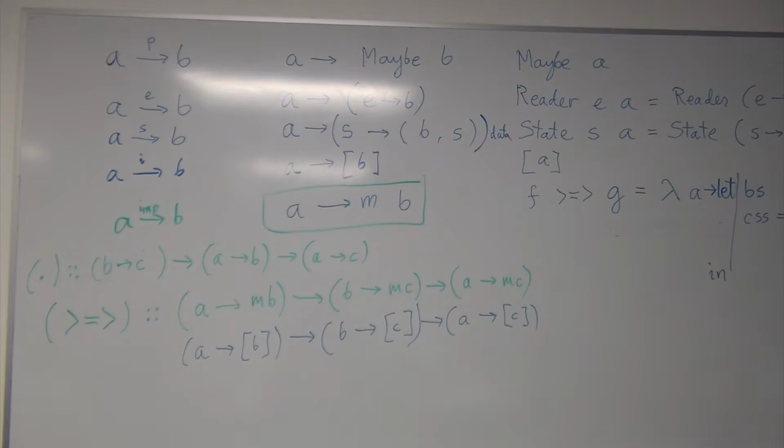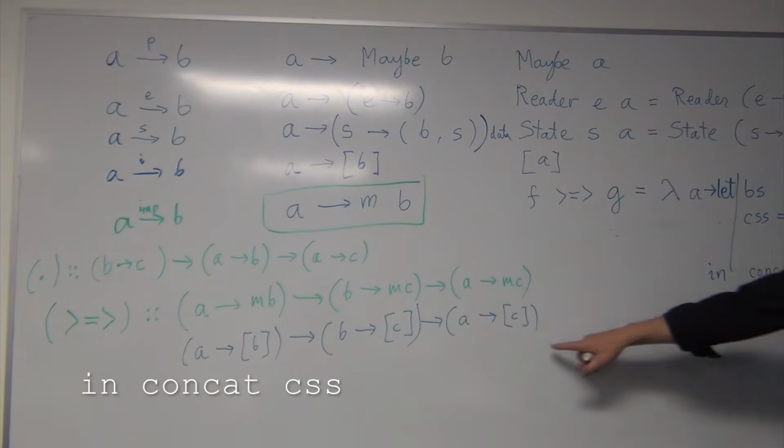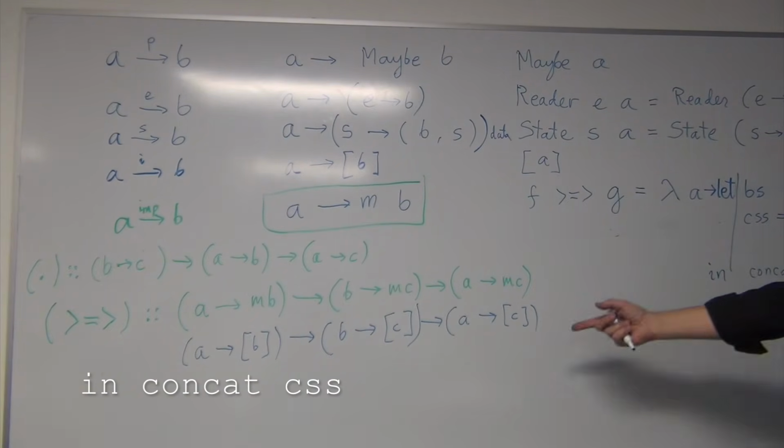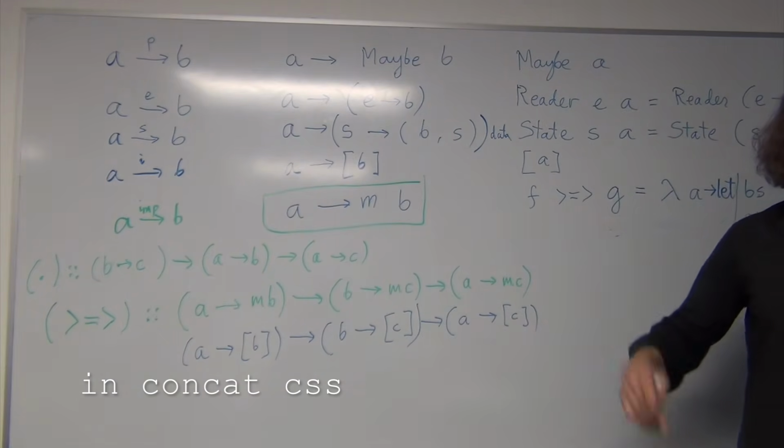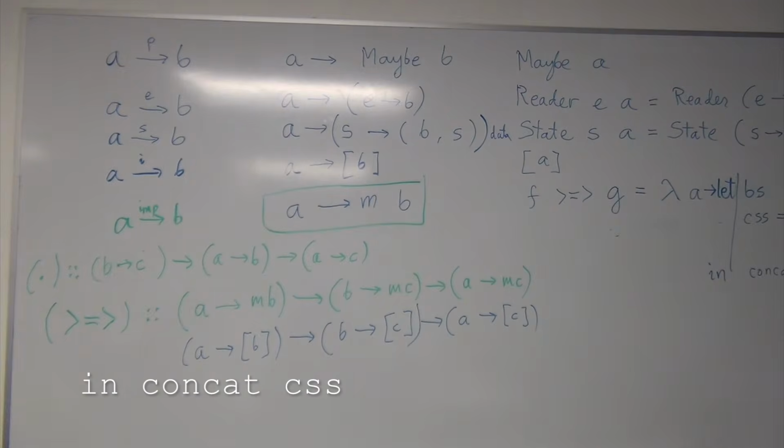No, concat is only for lists. So concat CZs, and that's what I'm returning. I'll get a list of C's from a list of lists of C's. It's just like concatenating all these little lists of C's into one big list.